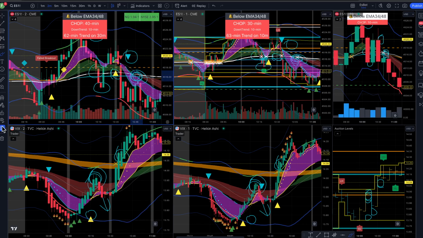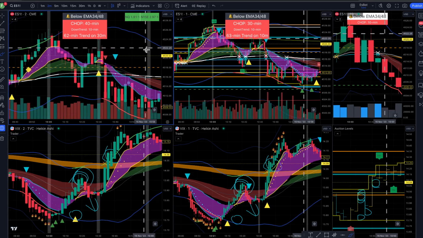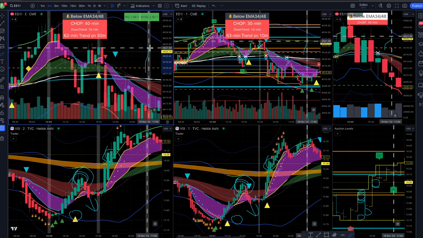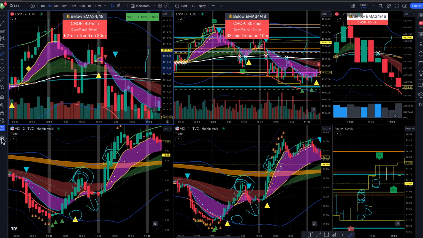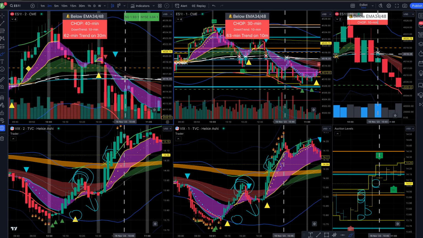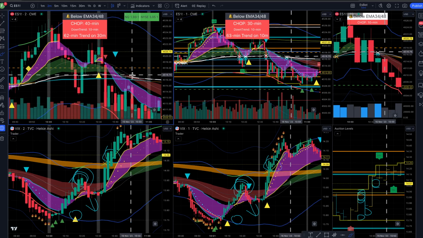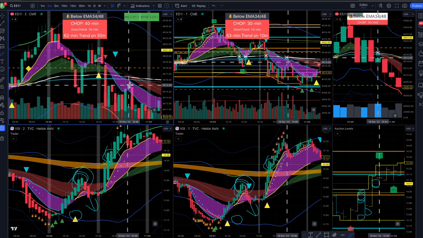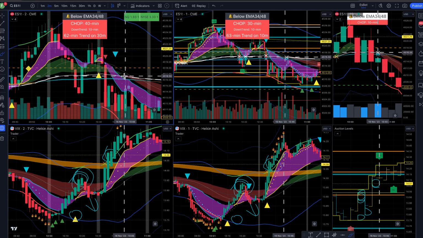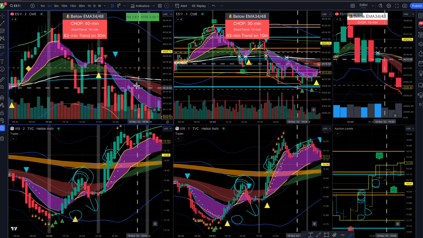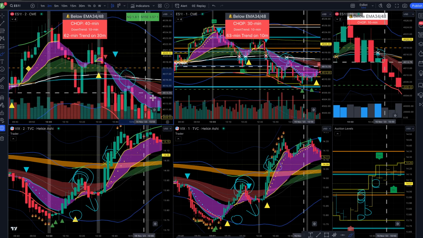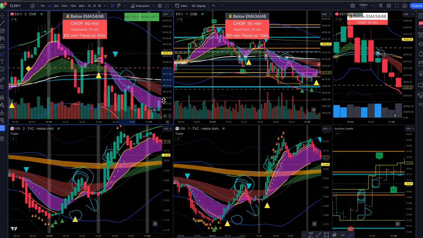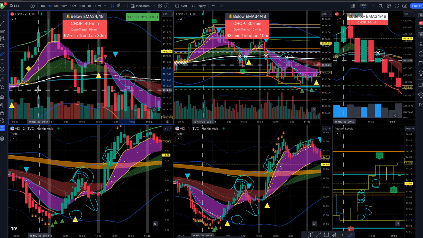But if I clear all of the drawings and I zoom in, you can see how it came in and it retested the VWAP and the 48 and rejected. And that's where I got into puts. Okay. Can you guys see that? Yep.